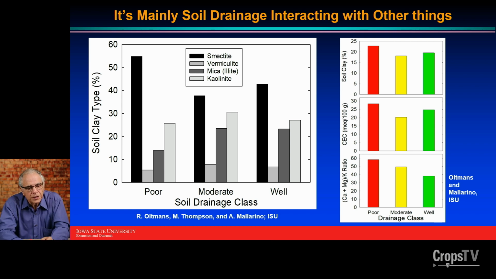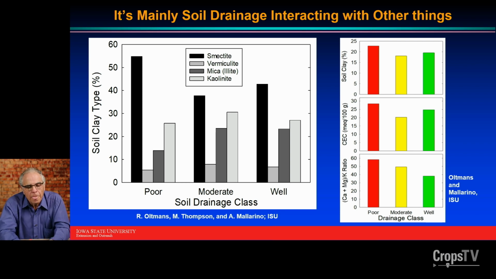There are 3 classes there of the USDA drainage classes: poor, moderate, and well drained. Now, you see all these bars are the different clays that we analyzed for: smectite, vermiculite, mica, which is illite, and kaolinite. And the first thing you see in this graph is that we have a mixture of clays in all our soils.